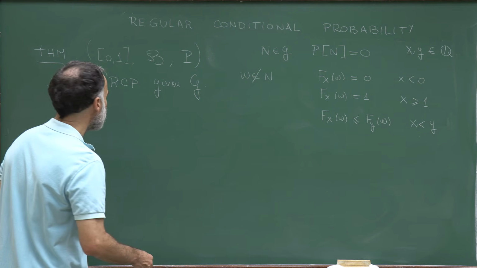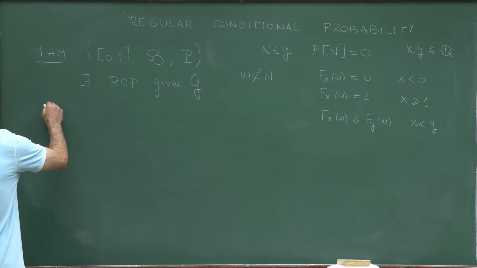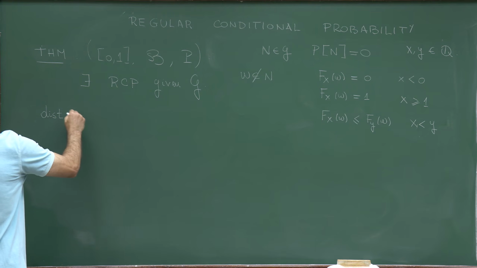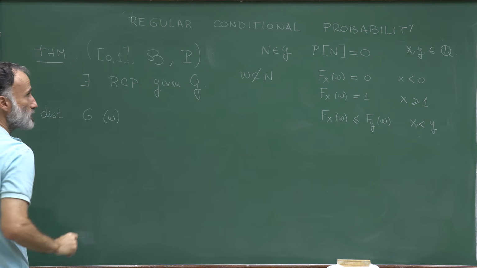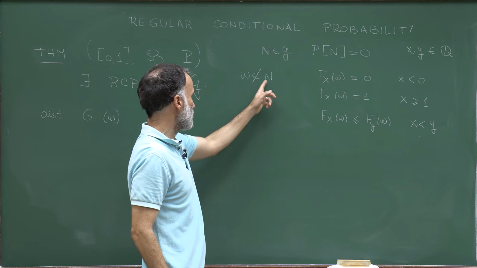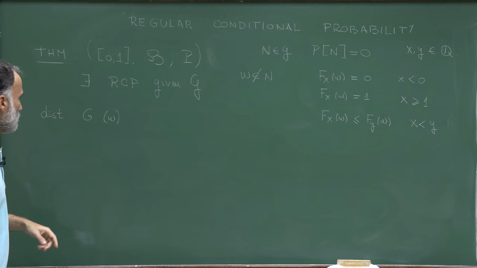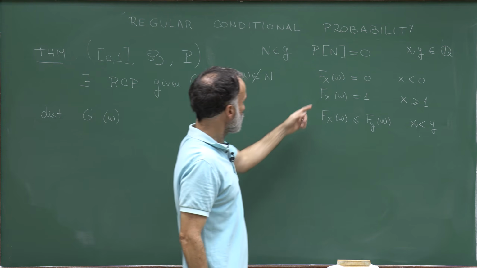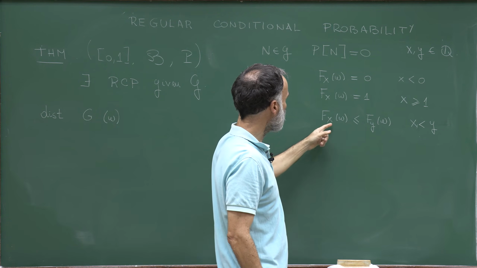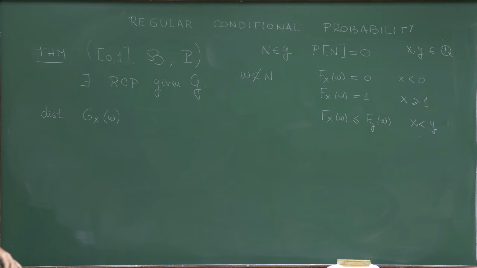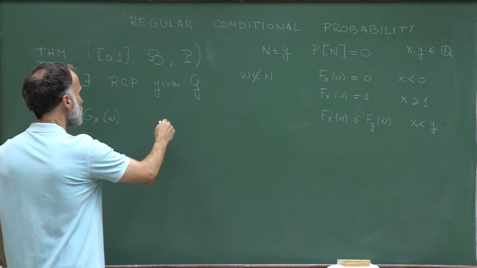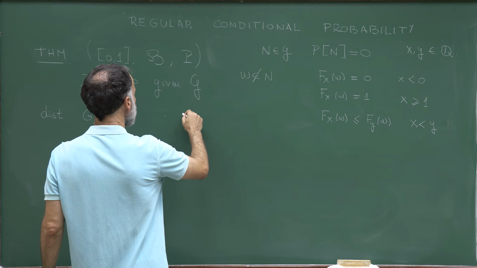Now, from that, we will construct a distribution function, which I will represent by G. So omega is fixed. It's fixed in the complement of n. And observing this as a function of x, I will construct an object which is a distribution function, which has the following properties.